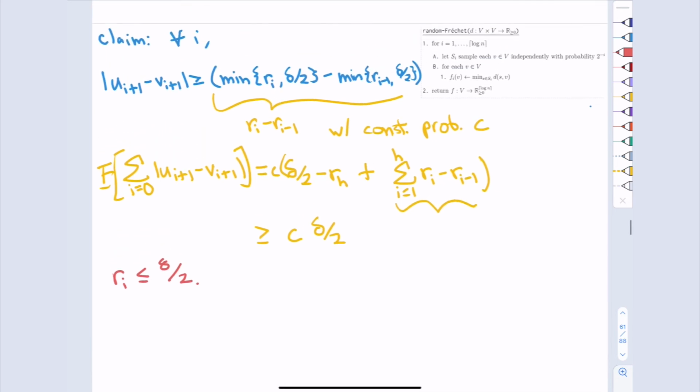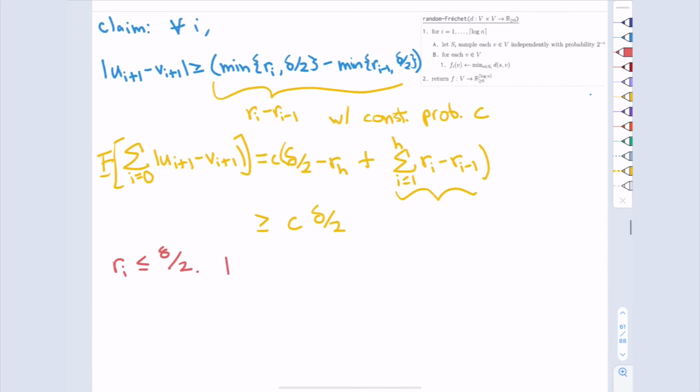So in this case, we're saying that u_{i+1} minus v_{i+1} is at least r_i minus 1 with some constant probability c. Okay, so what's going on?